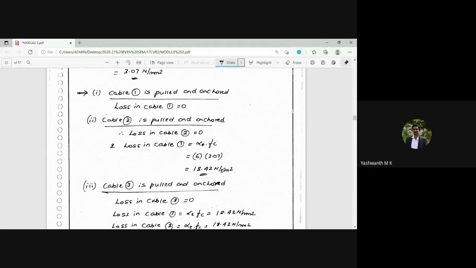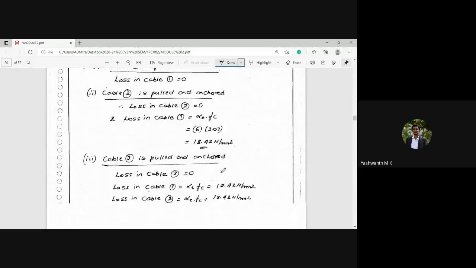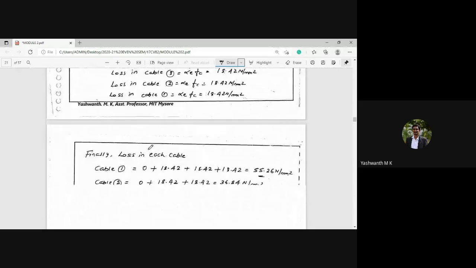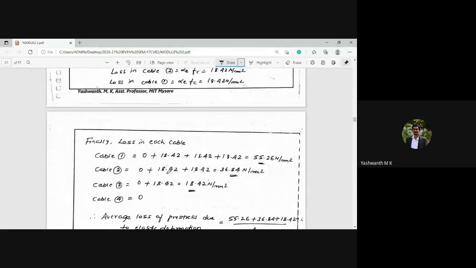So like that, cable 3, cable 4, and so on. Is it clear? Hope you understood. That is how to go ahead with this loss of pre-stress due to elastic deformation in the case of post-tension PSTB.